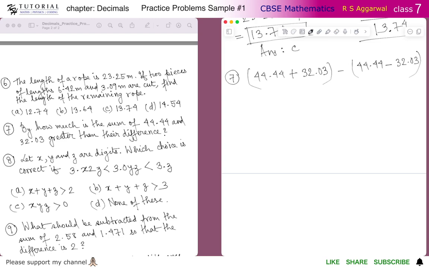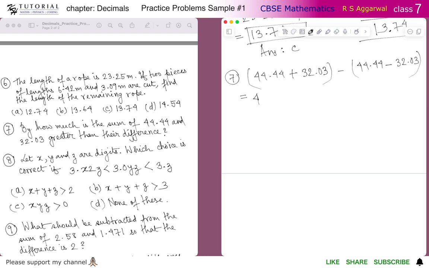In an expression of decimals or any numbers with addition and subtraction, if you see two numbers are cancelling, always do that first.